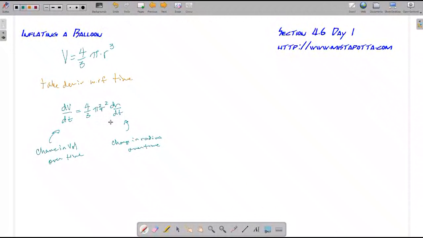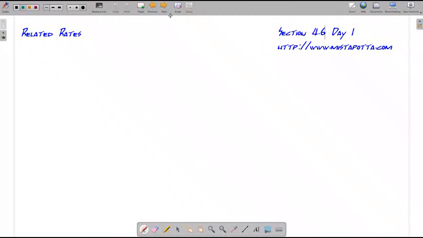And so this is really the key premise behind related rates problems. When we're dealing with related rates, the very first thing that we're going to have to do is find a model.